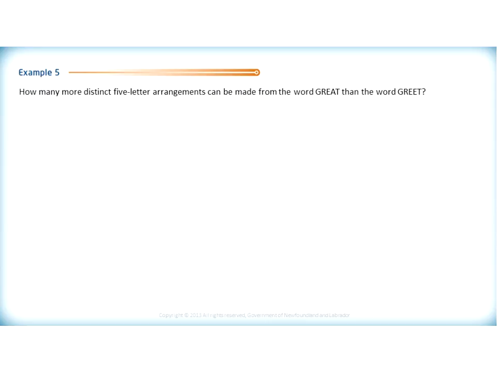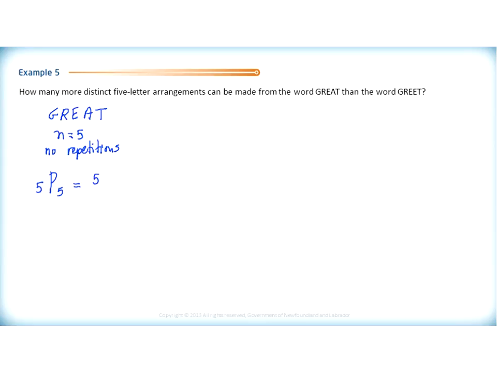In example 5, how many more distinct 5-letter arrangements can be made from the word great than the word greet? So let's look at the letters in the word great. In this case, you should notice that the value of n will equal 5 because you have 5 letters in the word, but there are no repetitions. So this is simply a situation where we have 5 letters from which we have to permute 5.